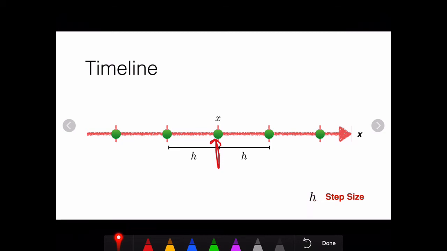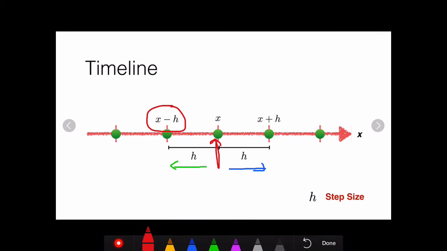Let's say we want to move further to the left here. Our x will then become x plus h. Same thing, if we move backwards over here, we have x minus h. I can just expand this to the rest of the points.